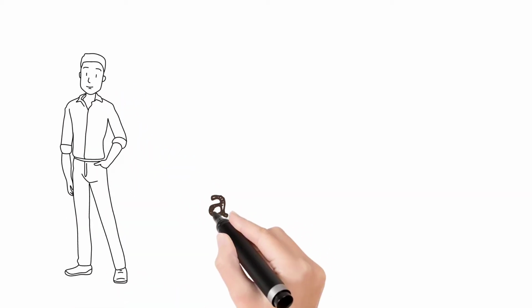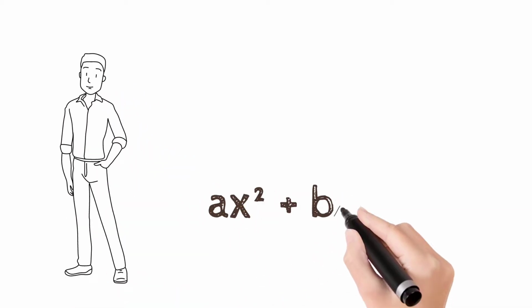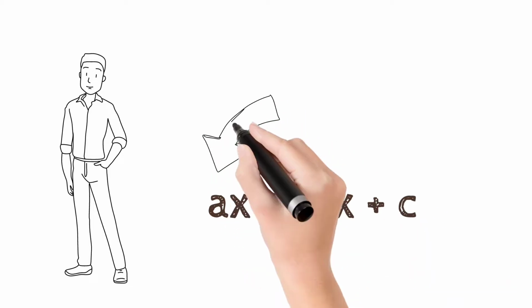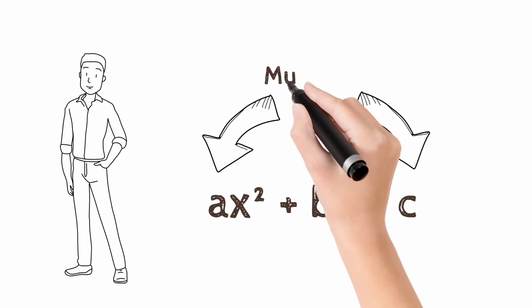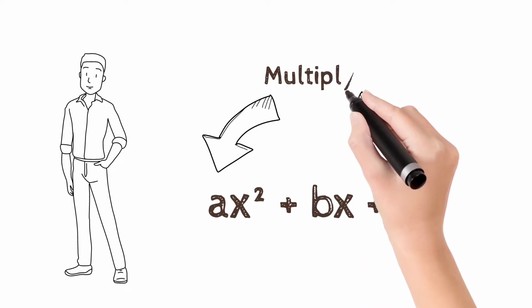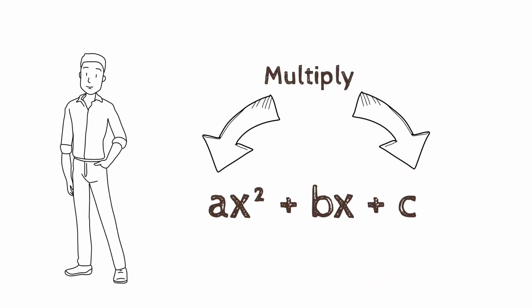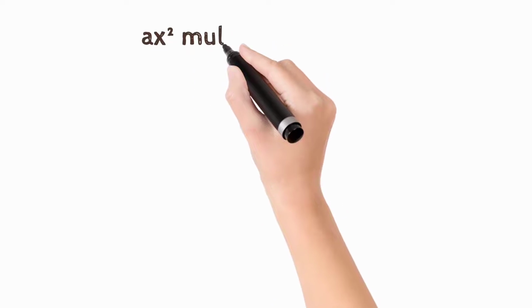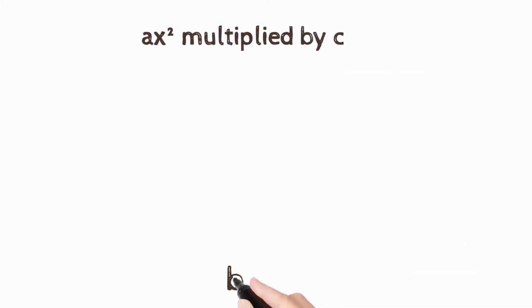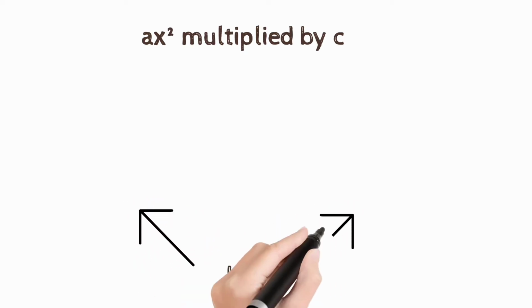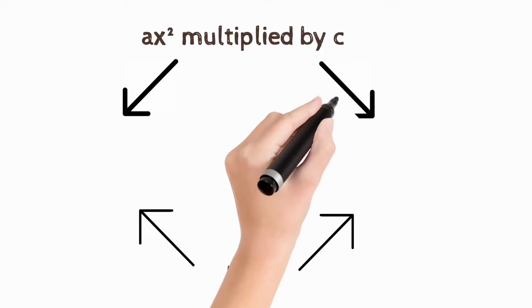Let's begin with what is middle term break. As the name suggests, in this we have to break the middle term. The first step is to multiply the first and the third number, ax square and c, and the outcome should be broken into two numbers that, if we add or subtract them, give the original middle term.